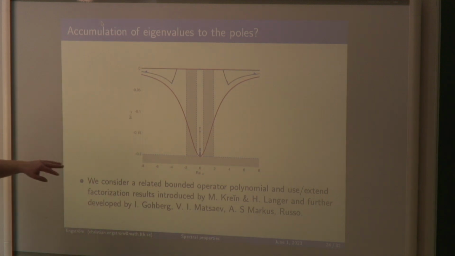The nice thing here is, of course, okay, this block operator matrix having an essential spectrum seems scary, but the operator function is a Fredholm function. So we actually have nice theory for this.